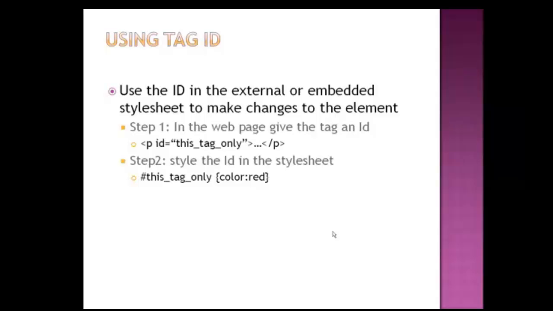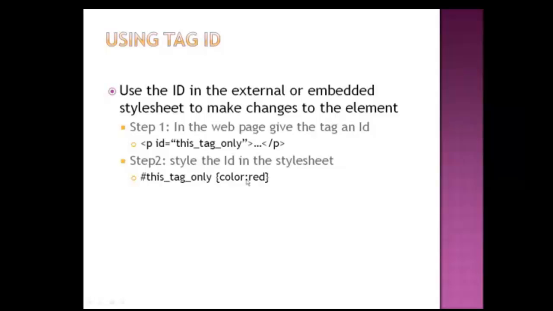And remember, IDs cannot be duplicated. An entire web page can only contain one single ID for a particular element. You can't duplicate it for multiple elements. And the way to use it is to first give the ID to your element, and then use a hash sign in your cascading style sheets, and use the ID name that you created and apply the formatting to it.